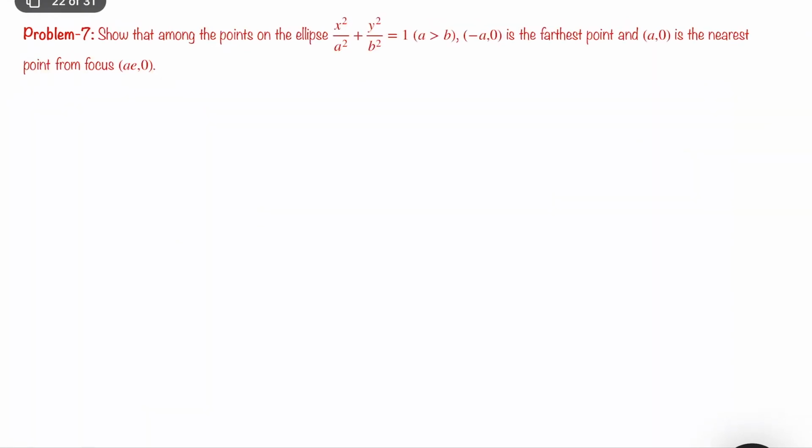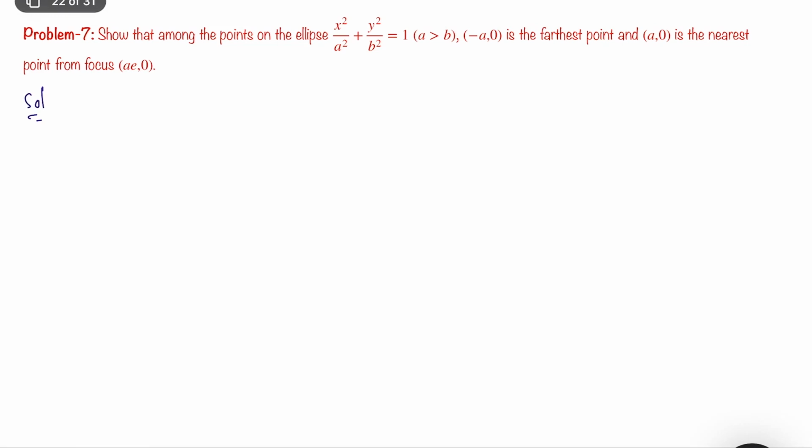Next, problem 7. Show that among the points on the ellipse x square by a square plus y square by b square equal to 1, a greater than b case, (minus a, 0) is the farthest point and (a, 0) is the nearest point from the focus (a, 0).